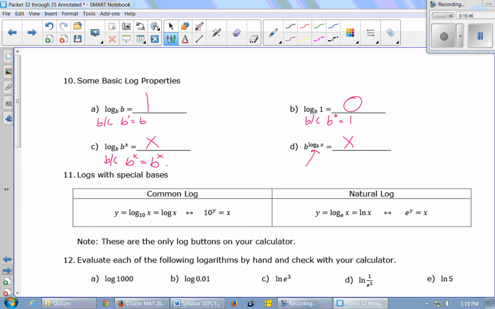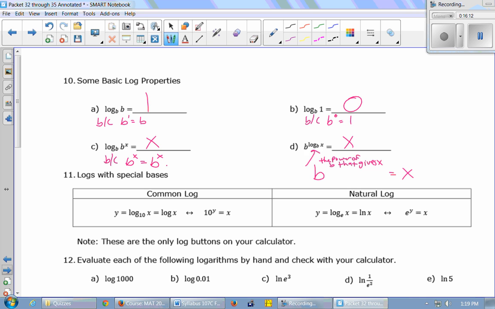It's roundabout again. Whatever power you have to raise b to get x is log base b of x. So b to that power will always give you x.